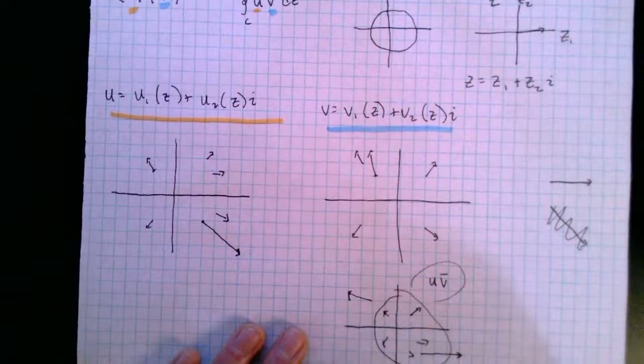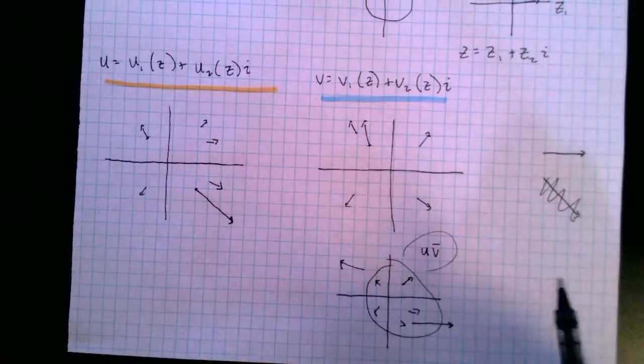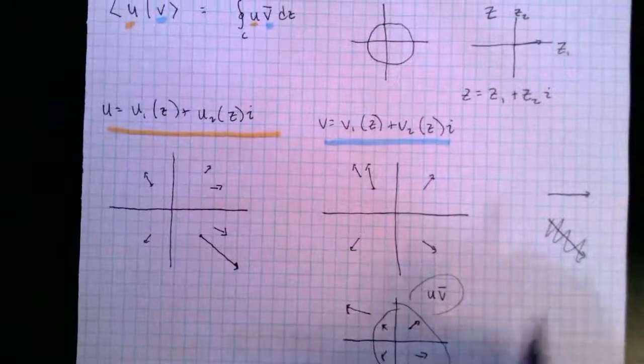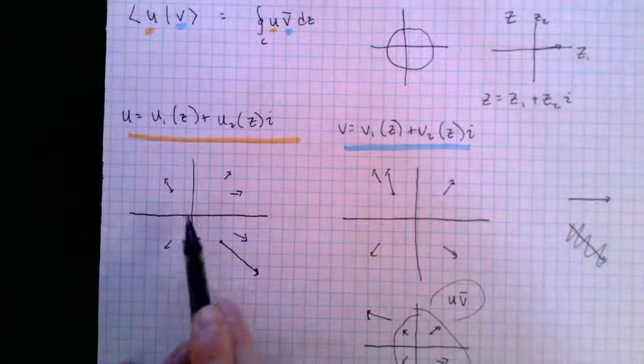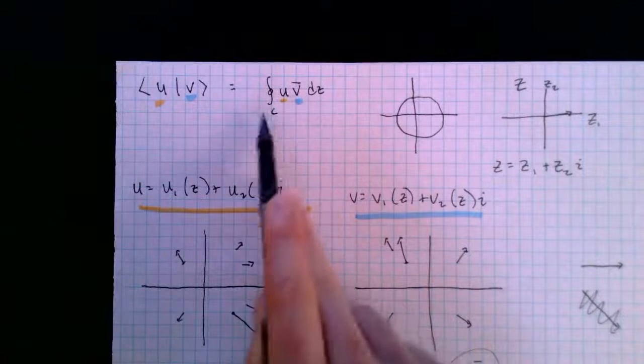So maybe the lack of accuracy in my drawing took a little bit away from it, but that really is as simple as it gets. All it is, at each point, you're creating this function so you can integrate it.